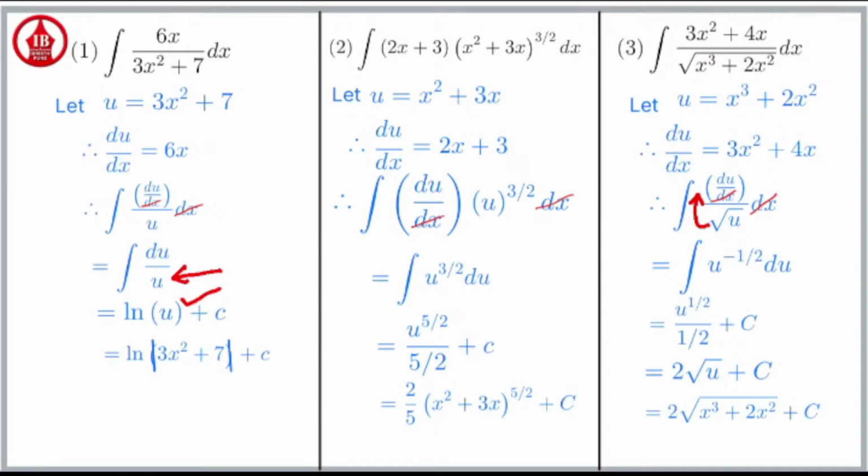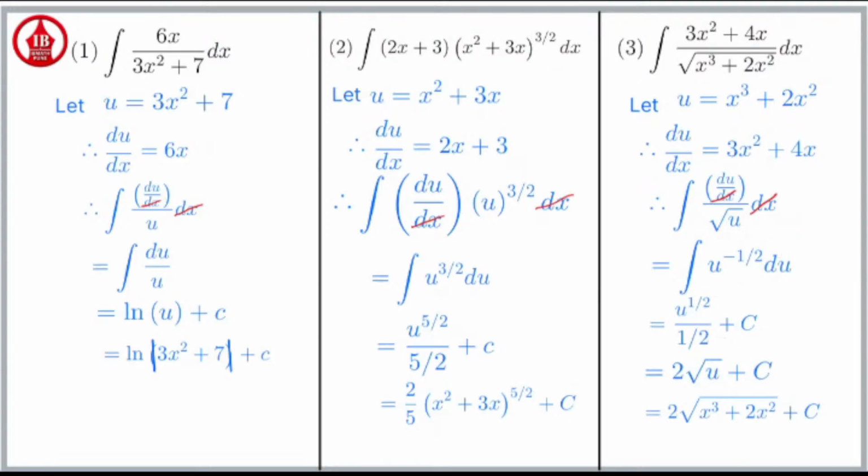But if the denominator is not linear, like u to the power half, it is not linear. So you have to take it up. So half power, when you take it up, it will become negative half. Du will be here. Now u to the power negative half, add 1 to it for integration. It will be u to the power half, divided by the resultant power half, and add c, the constant of integration.